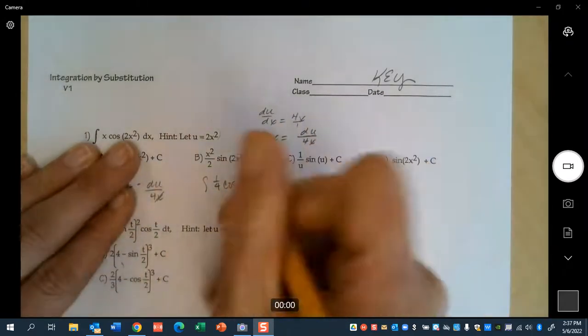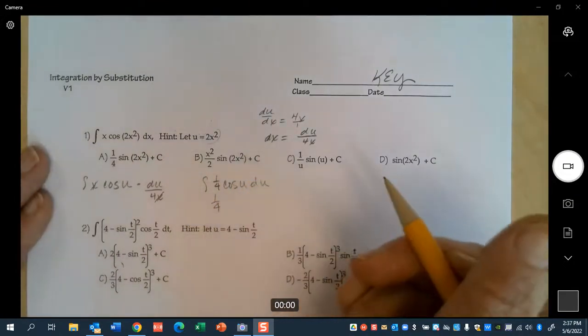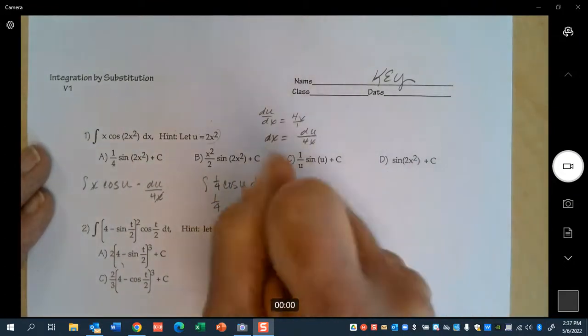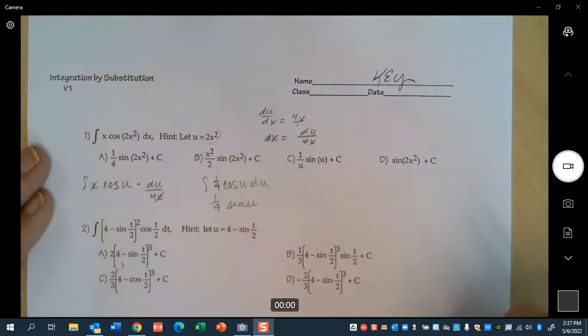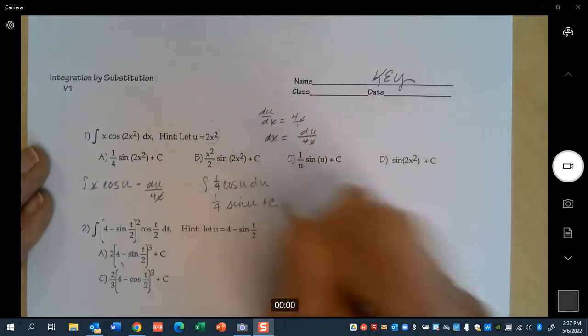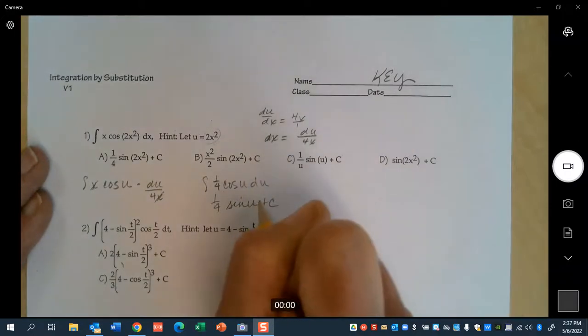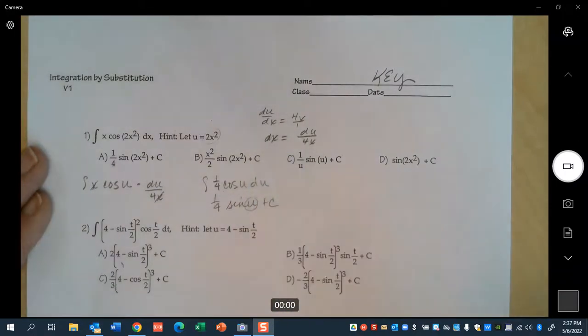So my 1/4 comes out, and cosine to sine of u plus c. So now I have to put my u back inside, right?